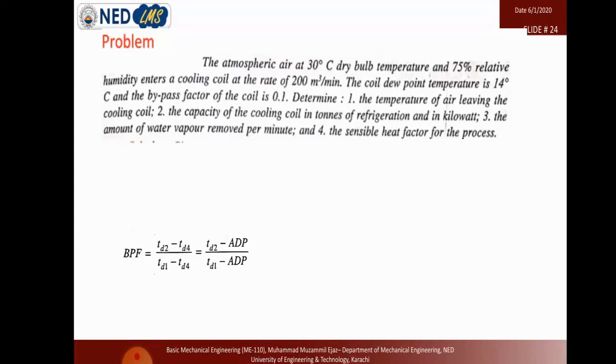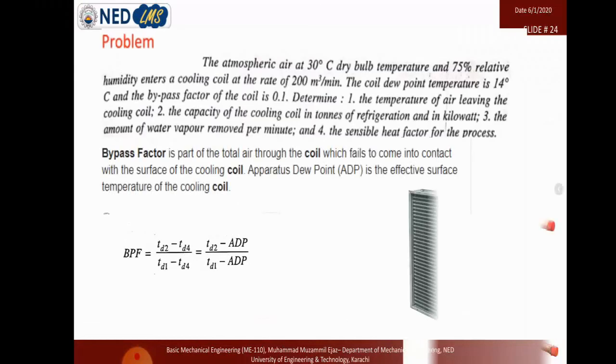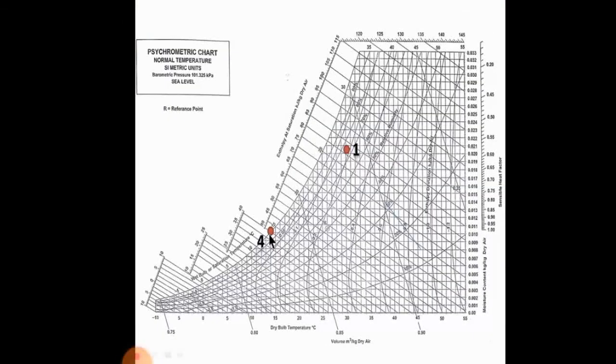Further, I suggest you watch this lecture on a big screen, like a 32-inch LED, or minimum on a laptop, but not on a mobile screen, because we are going to solve it through the psychometric chart and get data out of it. Even in the final paper, you have to download this kind of psychometric chart, where you can get the values.